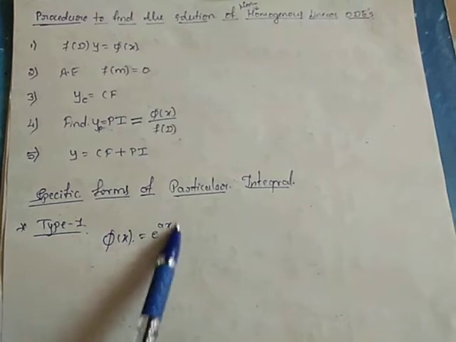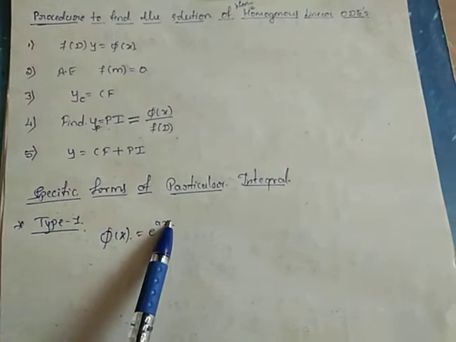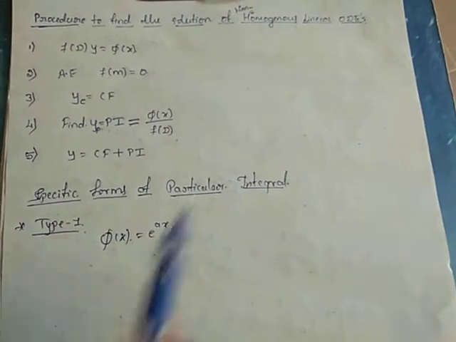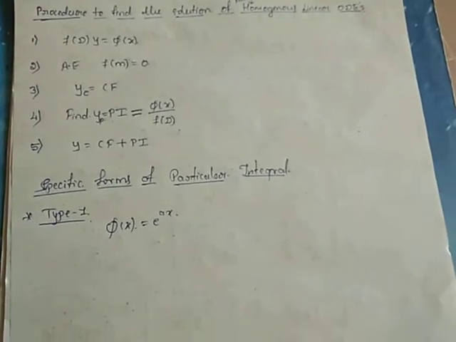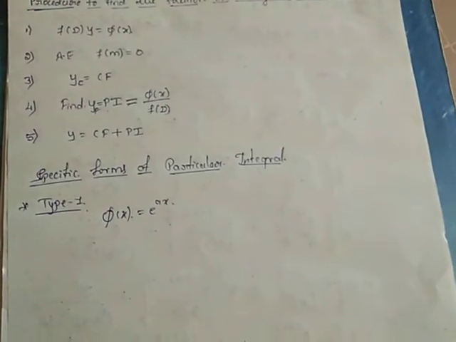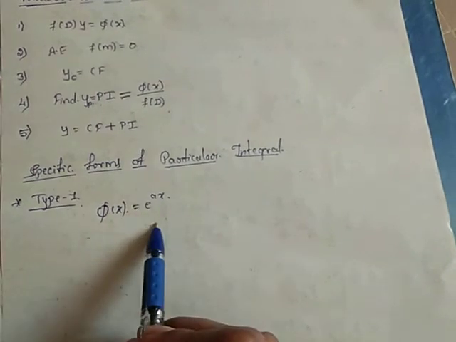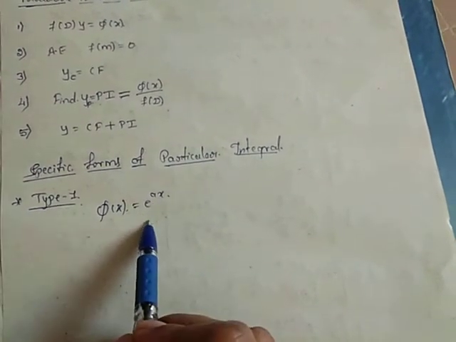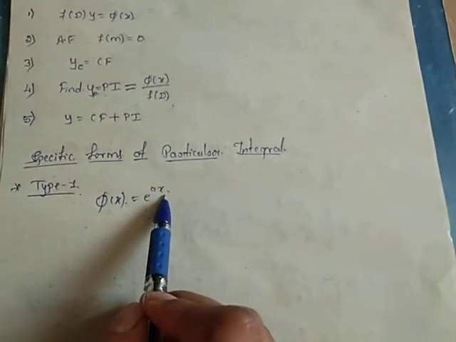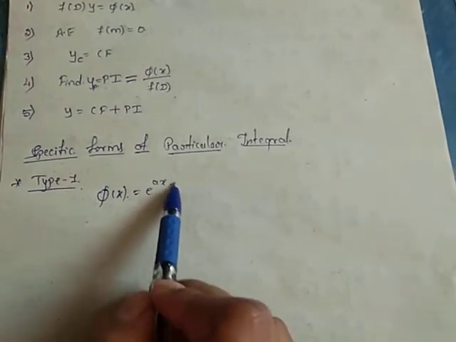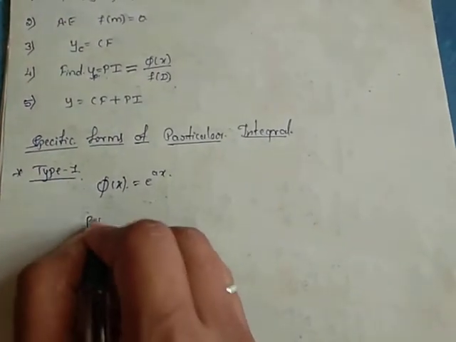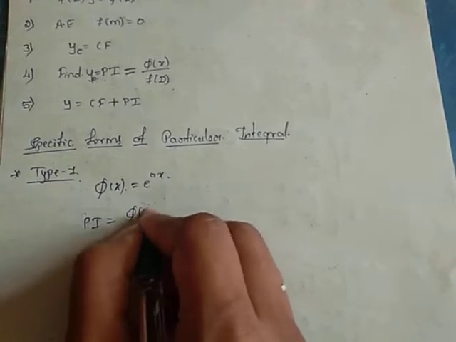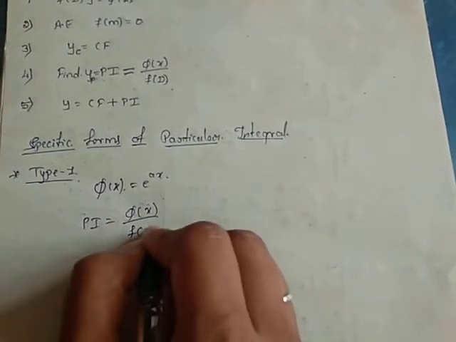In type 1, our function of x equals e raised to ax. So in the specific forms of the particular integral, type 1 problems have a function in the RHS, or the function of x, in the form e raised to ax. Then our particular integral equals e raised to ax by f of D, that is our general form.